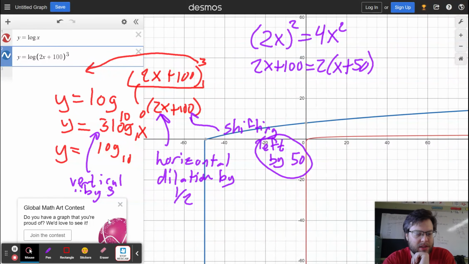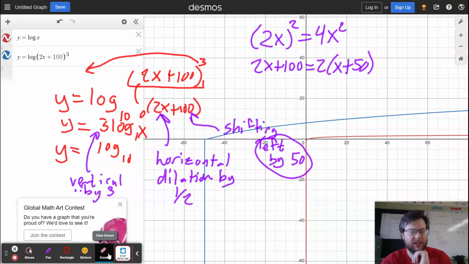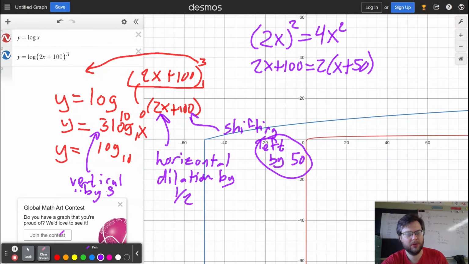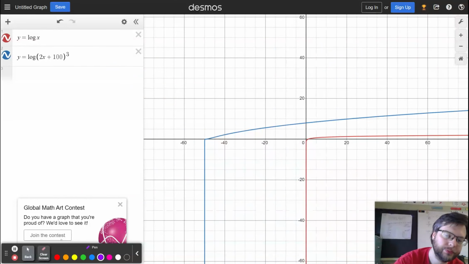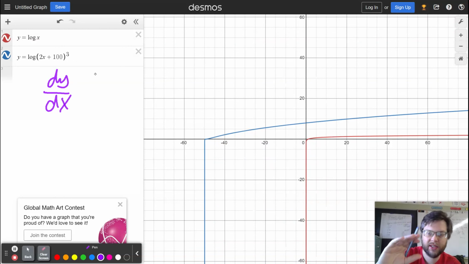Okay, then this next thing that the question asked us to do was to calculate the derivative, dy/dx. And so there's two ways you can do it. One way is using the original function and just saying that's the log of an inside function.